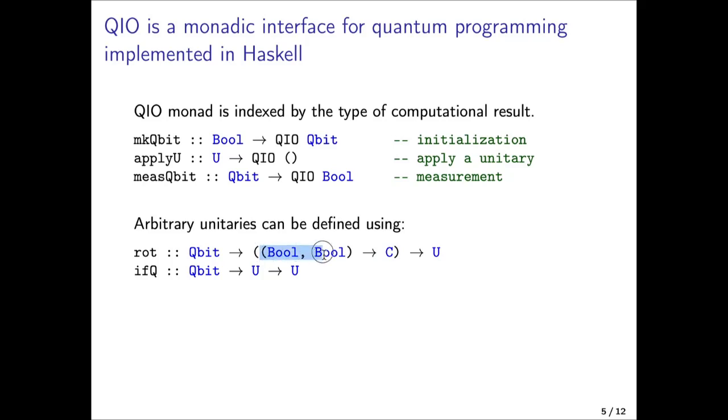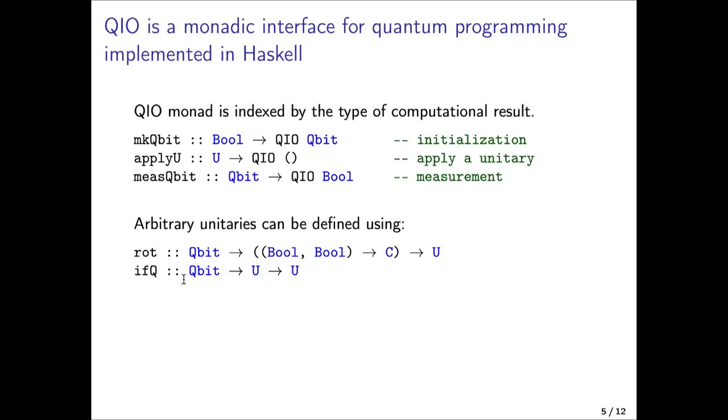Here the first argument, bool comma bool, specifies an index, and C is the type of complex values. Using this you can define what a unitary matrix can do as a function. So this lets you specify any single qubit rotation.